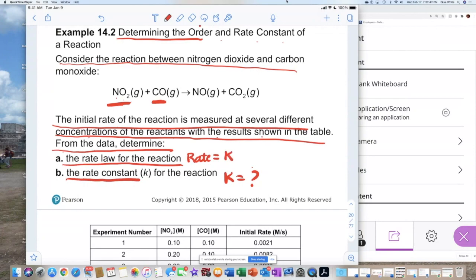It will look like this: rate equals K, and then my first reactant, reactant 1, raised to the power M, and the second reactant, reactant 2, raised to the power N. Of course, I'll write in what the reactants are. I will solve for M and N, and that will help me complete my rate law. After that, I will solve for the rate constant like they're asking for, which is K.